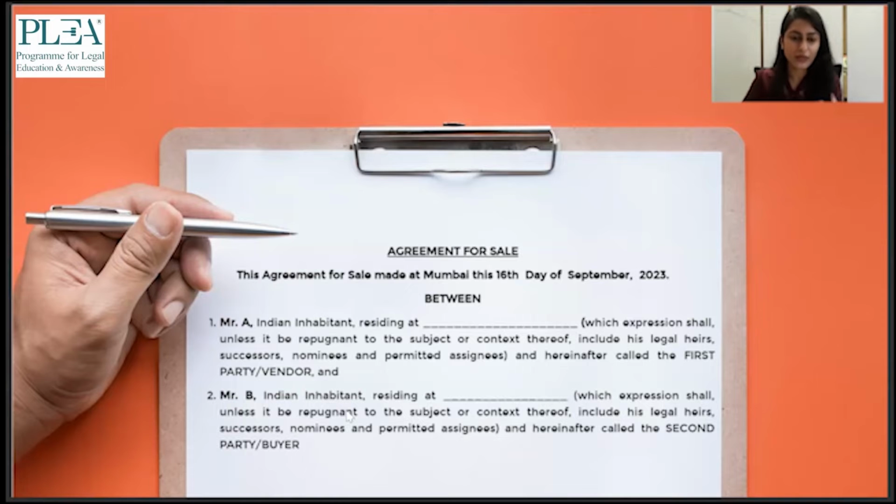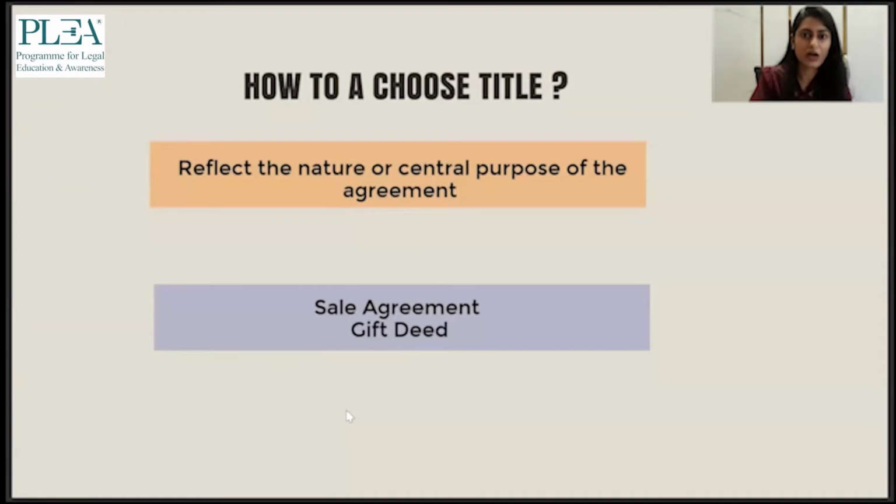It is always advisable that you use the words vendor and buyer. You don't use the words vendor and vendee, because then you will get confused. You should always use opposite words, as in if you're using seller, then use the word buyer. If you're using the word vendor, then use the word buyer. Now, how to choose the title? Of course, this is very important. You have to know the nature of the transaction.